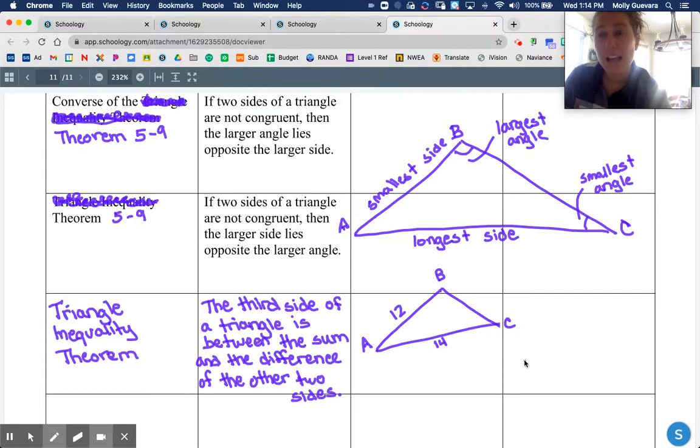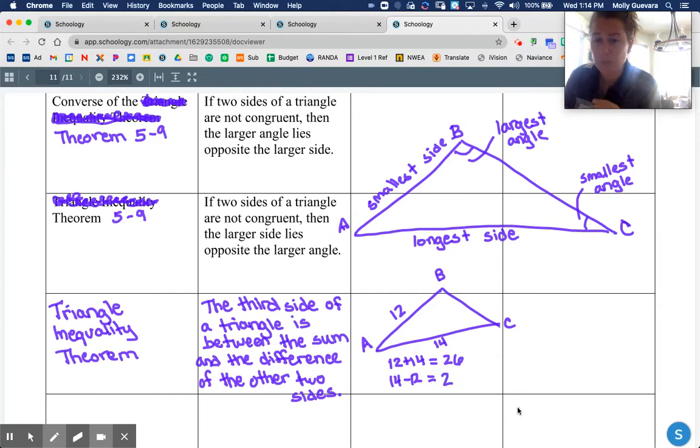Okay, and there's lots of different possible numbers that could be the length of BC. So what we do is we take the sum. I add these two numbers together, 12 plus 14, which gets me 26. And then I subtract these two numbers. I always do the bigger number minus the smaller number because I don't want negatives.